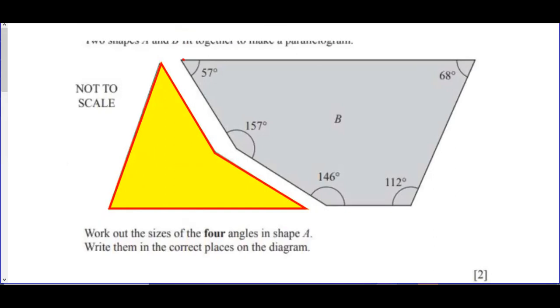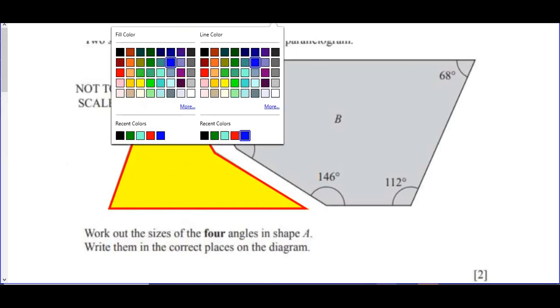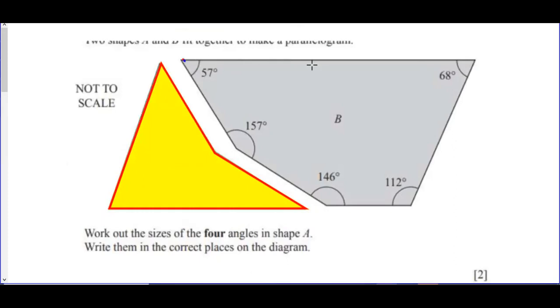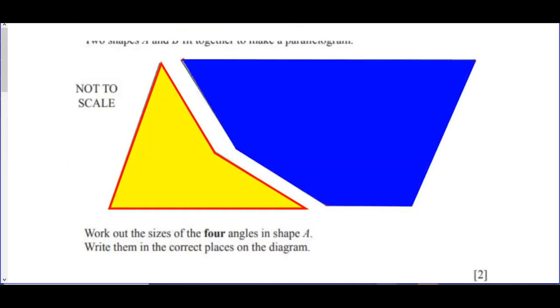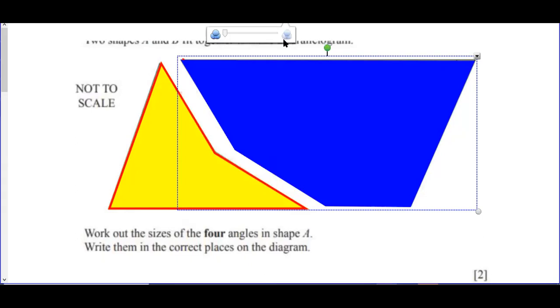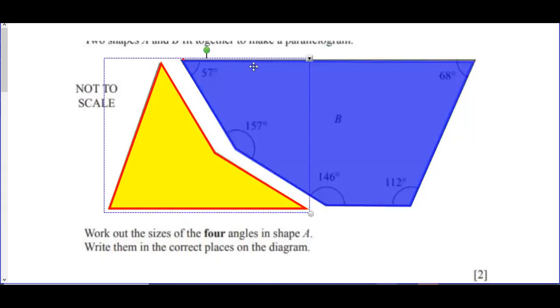Let me try to change color, and make it transparent. So now I have shape A, which is yellow in color, and shape B, which is blue in color.